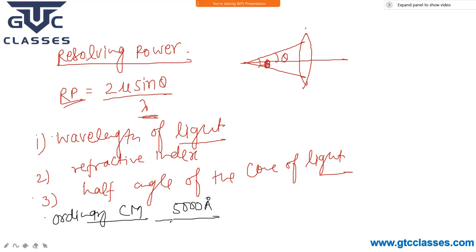That means 5000 angstrom. It's very, very small. That means 5 into 10 to the power minus 7 meter.